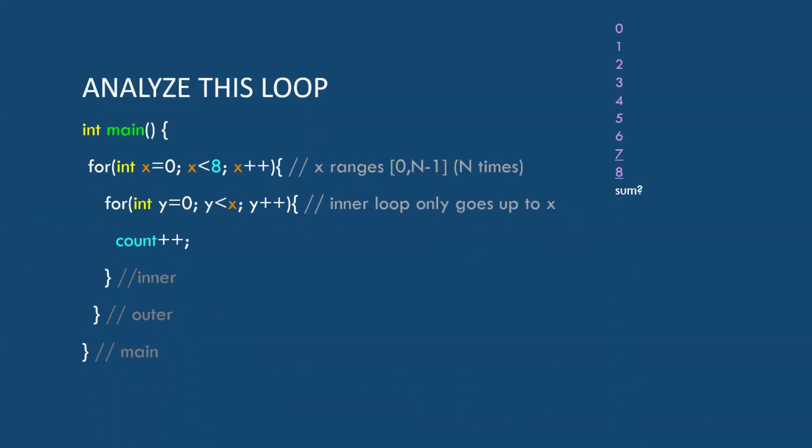So here is that same thing. We just plug and chug the formula and we get the exact number of iterations. So we can know exactly that the count is going to be 28, but it's still what we would call quadratic because we're more or less going to be squaring roughly something based on n, which in this case is 8.